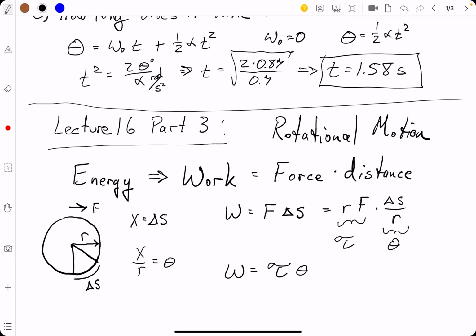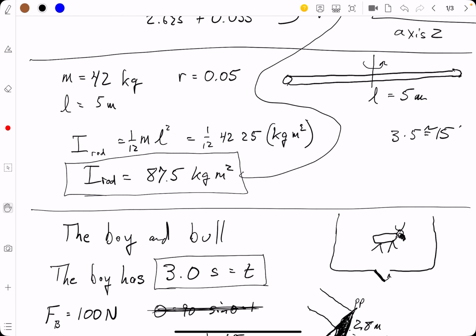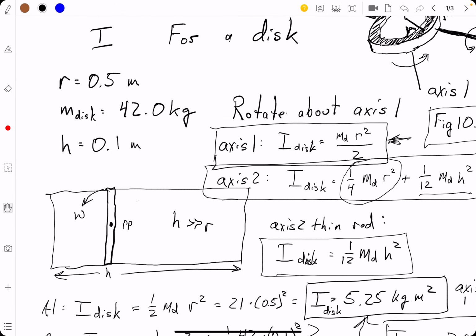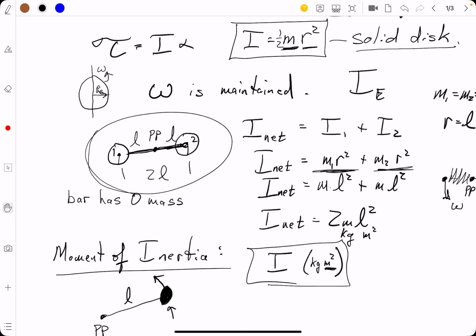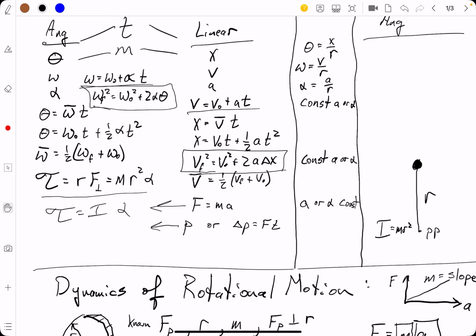And it's the same type of equation. So we can go back up to our rotational equations, way back when I started doing this, and we can write down our work is equal to our torque times theta.